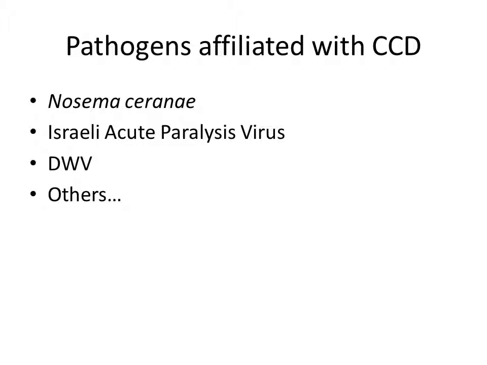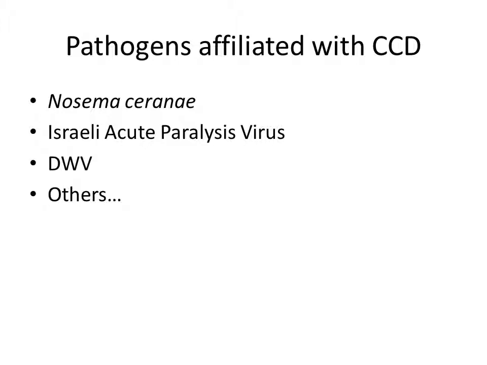We note that there are many diseases that are likely influencing colony collapse disorder. Some of the most consequential of these diseases, and focused on in this presentation, are Nosema ceranae and Israeli acute paralysis virus, which is a virus in a larger family of viruses that are known to affect bees.